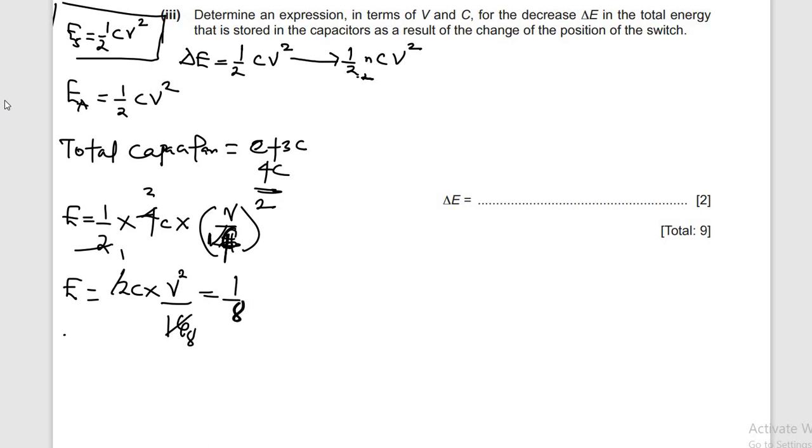We have 1 over 8 CV squared. So this is the energy stored during the charging process, 1 over 8 CV squared.